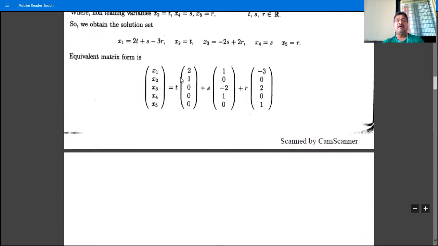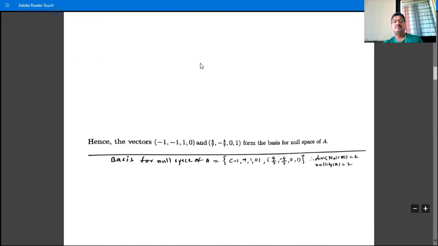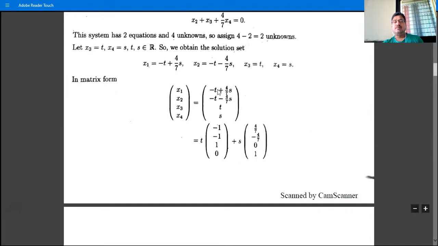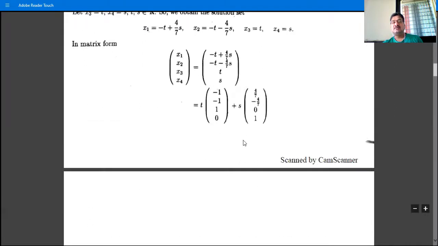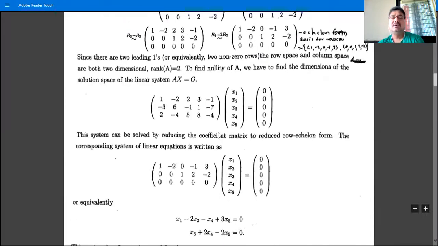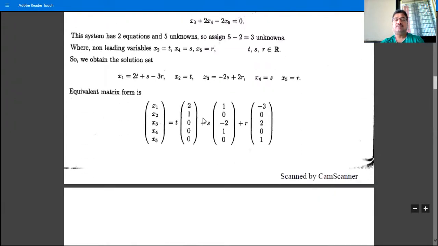Equivalently, we write this solution in the matrix form: x1, x2, x3, x4, x5. We write this as a linear combination of these three vectors, with t, s, and r.